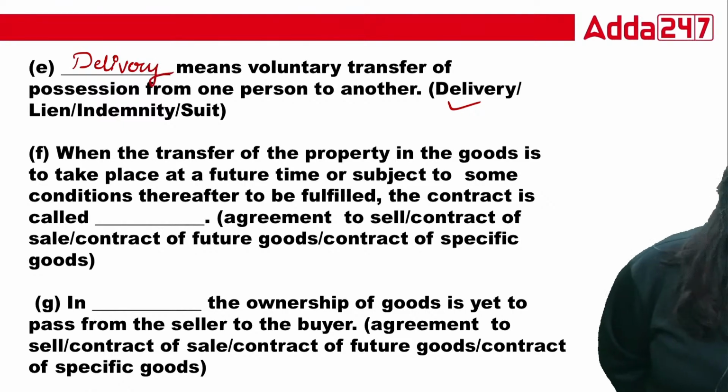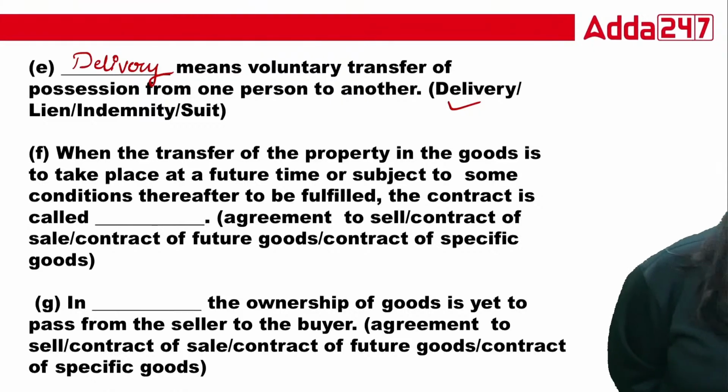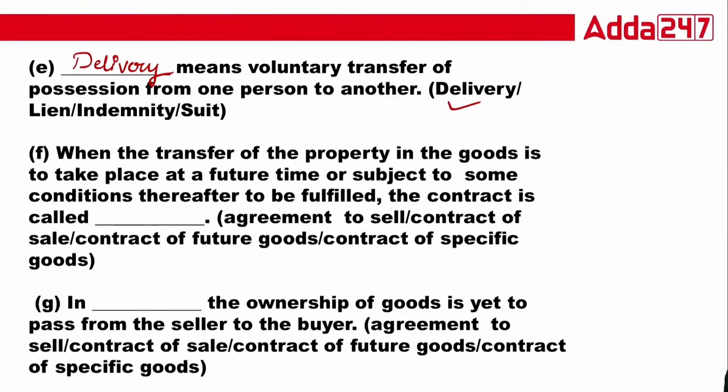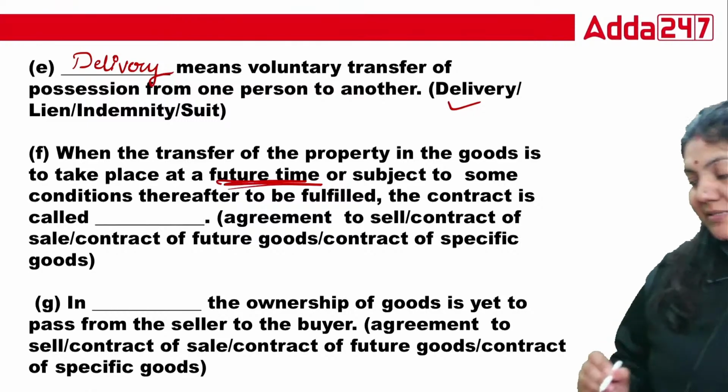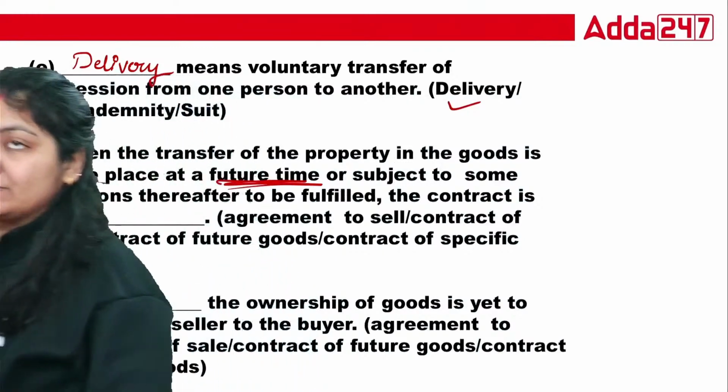When the transfer of property in the goods takes place at a future time and subject to some condition thereafter to be fulfilled, the contract is called dash. The hint is already given, so you have to tell me the answer.